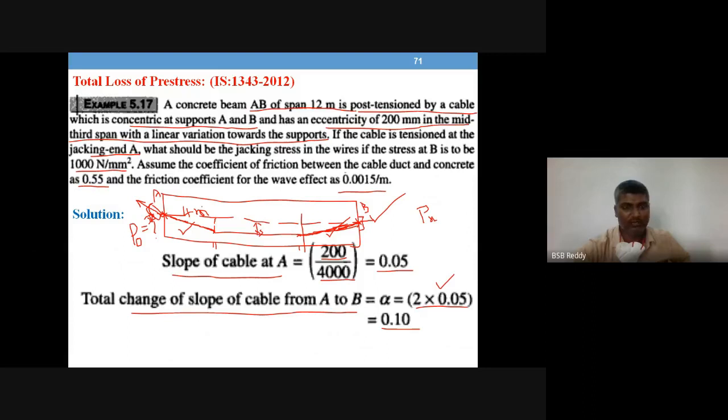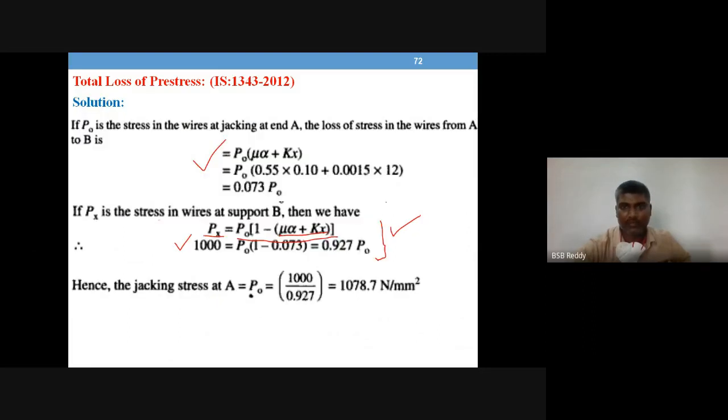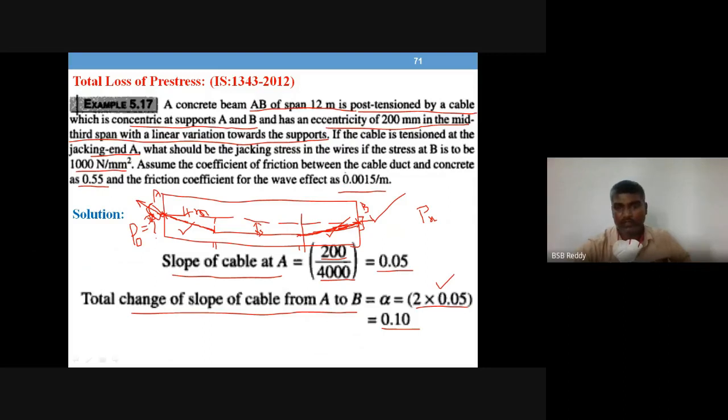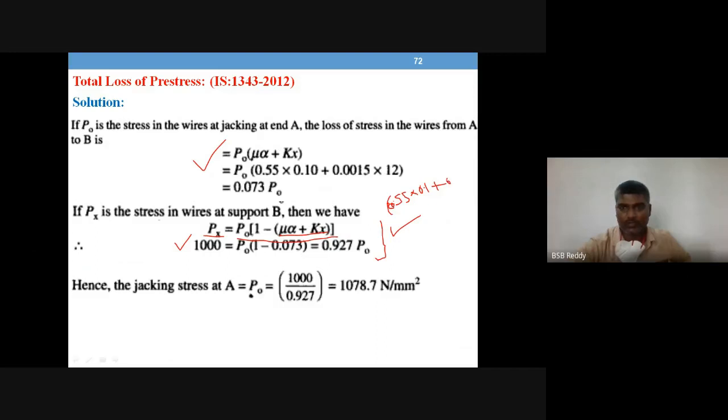What is the mu value? 0.55, into alpha 0.1, plus k times x. What is k given to you? The wave effect coefficient, 0.0015. So 0.0015 into x. Total span is 12 meters.